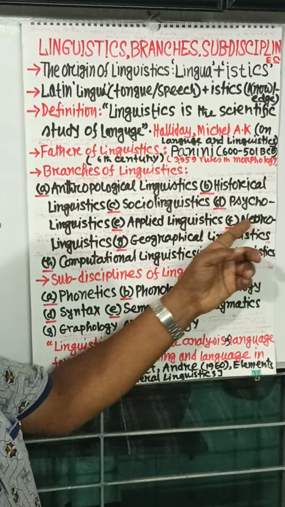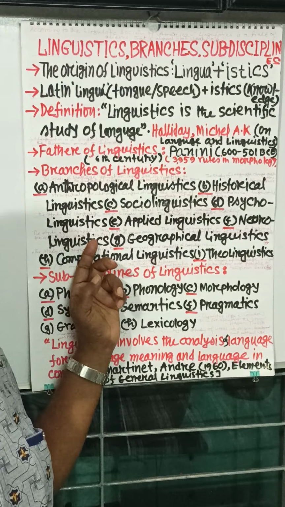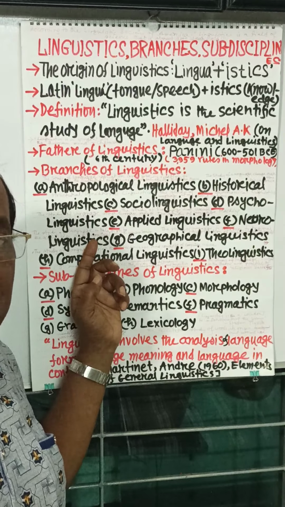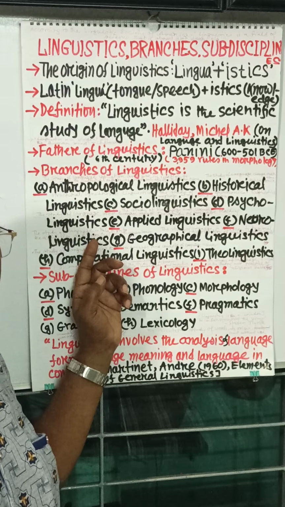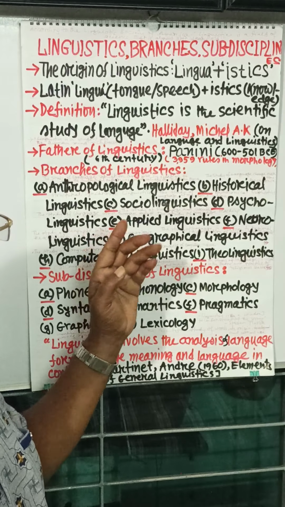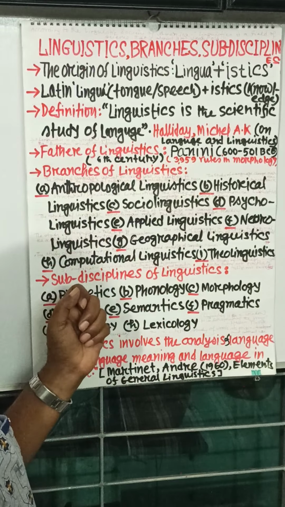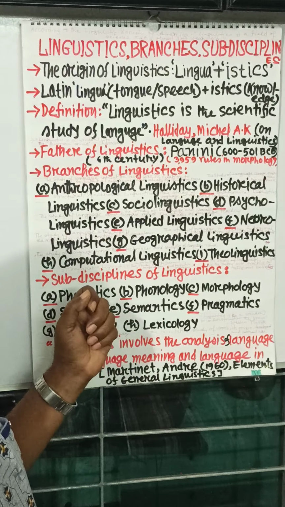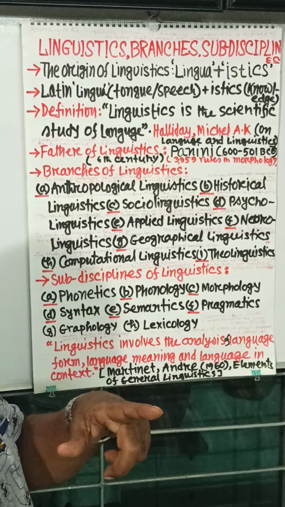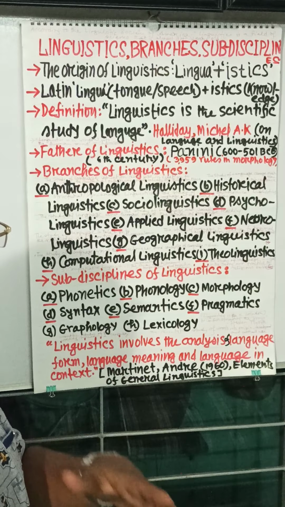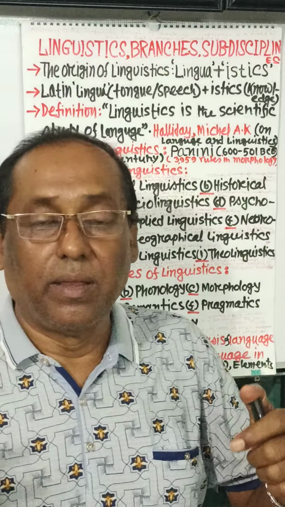Now, neurolinguistics. What does neurolinguistics mean? By this, we mean the study of language in relation to the activities and control of human brain.